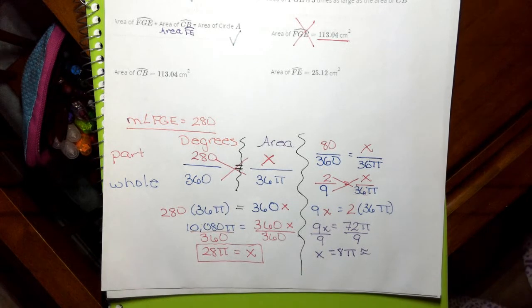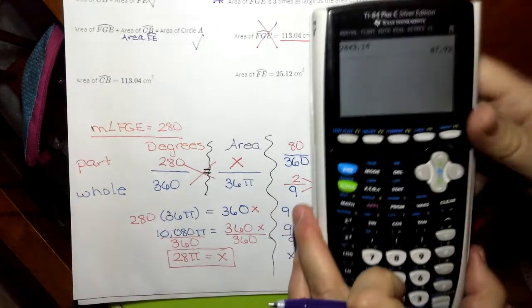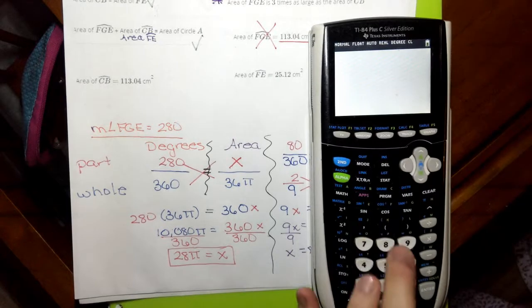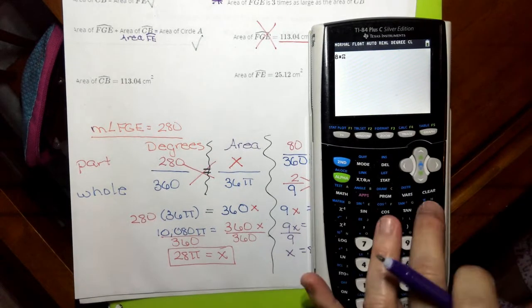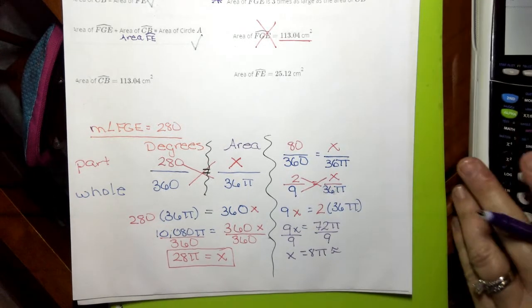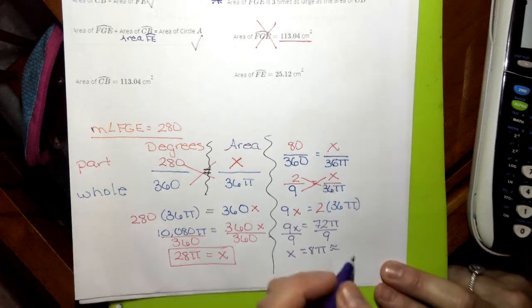We'll go ahead and do the math on that, because this is in decimal form again. And this time I'll go ahead and use my pi button. That gives me 25.12.